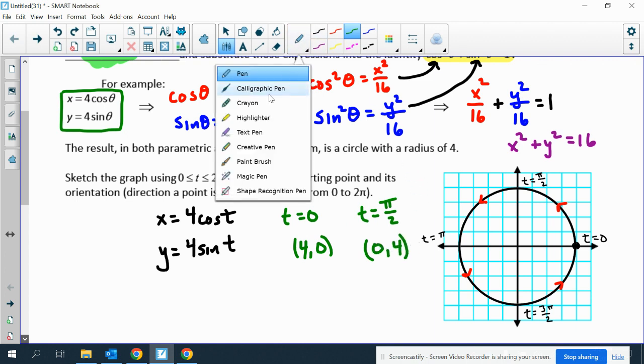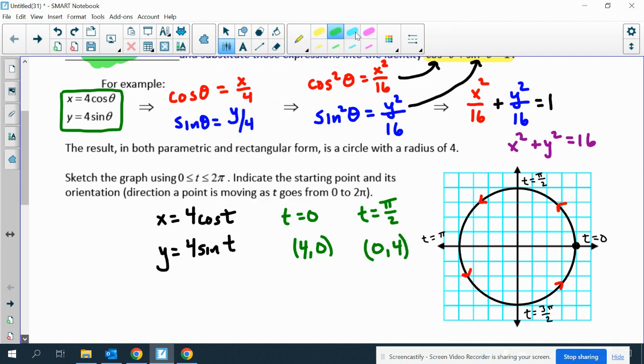So you can recognize that this circle has an orientation which starts here and goes in this direction. It's important to label your starting point and label how it's oriented, the way that it travels.